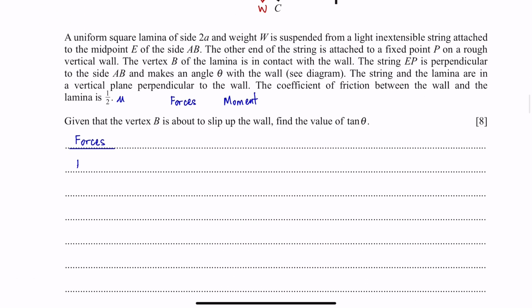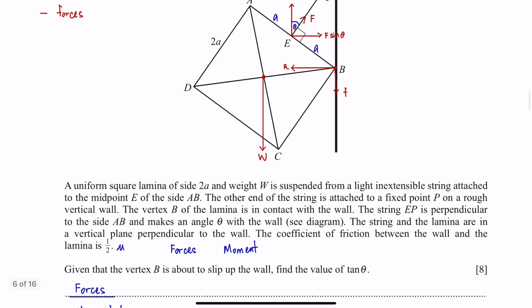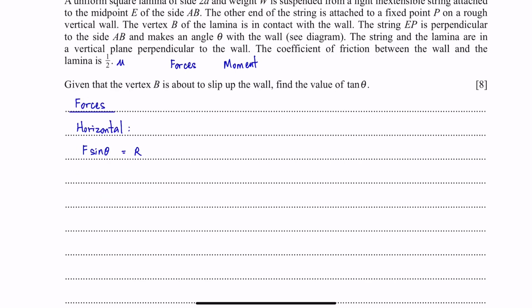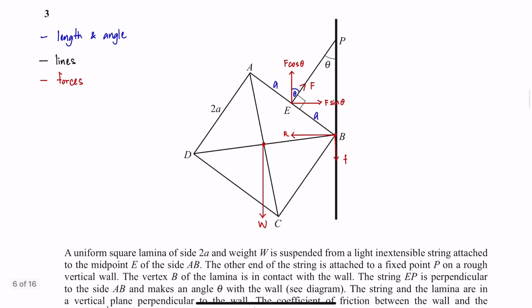For horizontal, we have only F sine theta and R. So F sine theta equals R. And for vertical, we have F cos theta, small f, which is the friction, and weight.